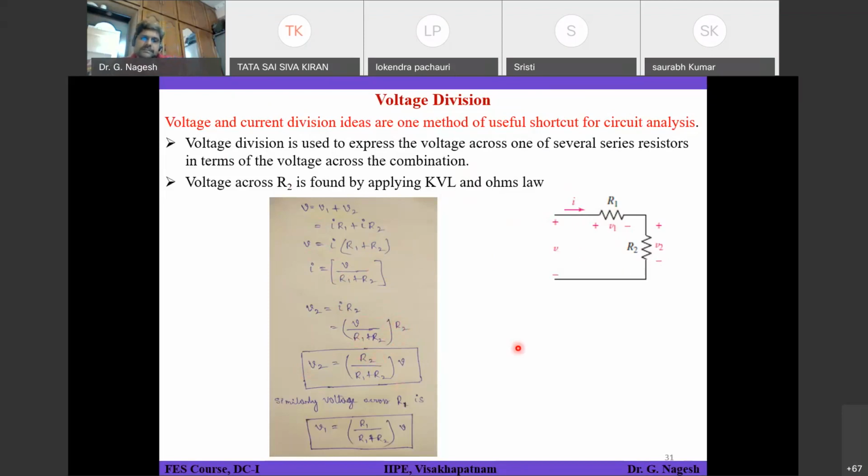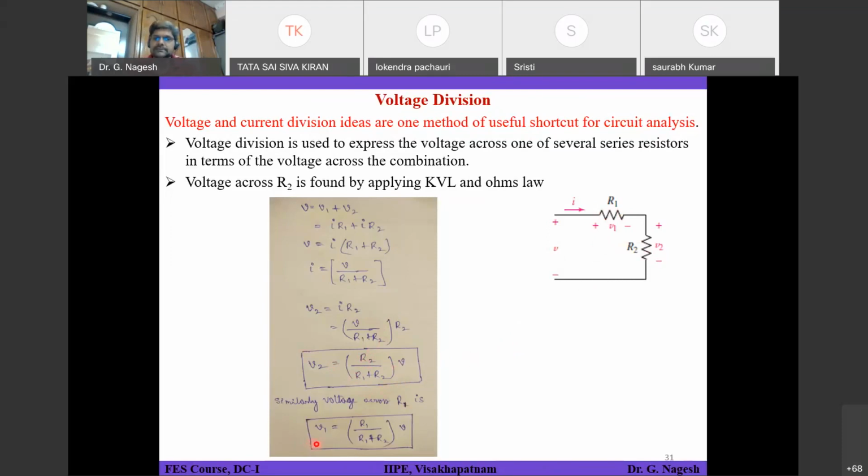What it means is, if you want to find the voltage across one particular element in a series circuit, simply multiply the resistance of that element into the total voltage, that is V, divided by the sum of the n resistors connected in series. Here there are 2, that is R1 plus R2. So R2 into V divided by R1 plus R2 will be the voltage V2.